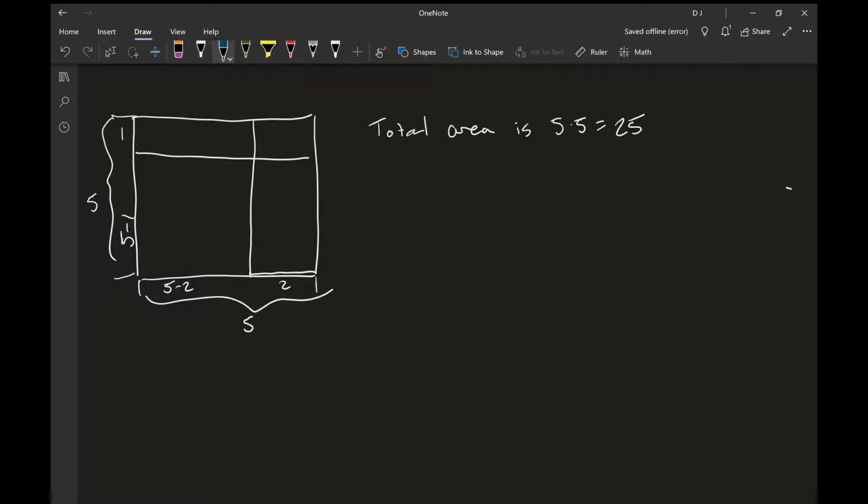And the area of just this blue piece right here is going to be 5 minus 1 multiplied by 5 minus 2. As I said, I already know what those are. That's 4 times 3, so we should hopefully get 12 at the end of the day. But I want to do this like a combination of geometry and algebra.